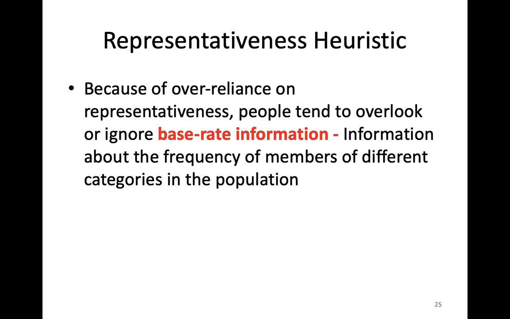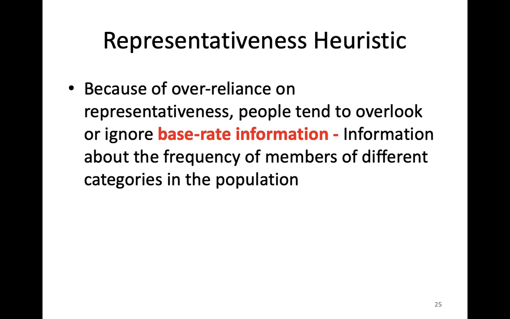So because of over-reliance on representativeness, people tend to overlook or ignore base rate information. Base rate information is information about the frequency of members of different categories in the population.